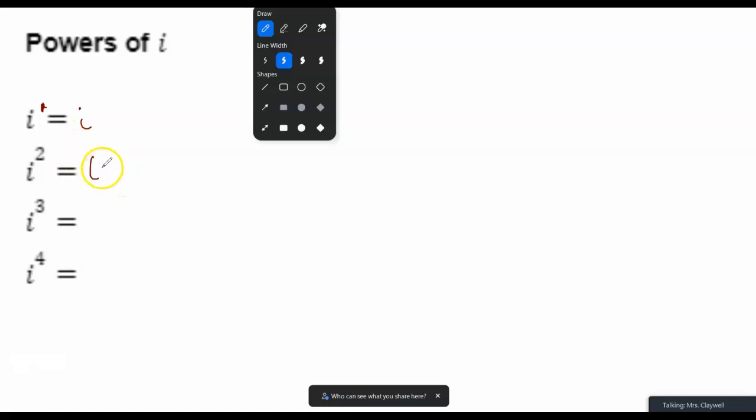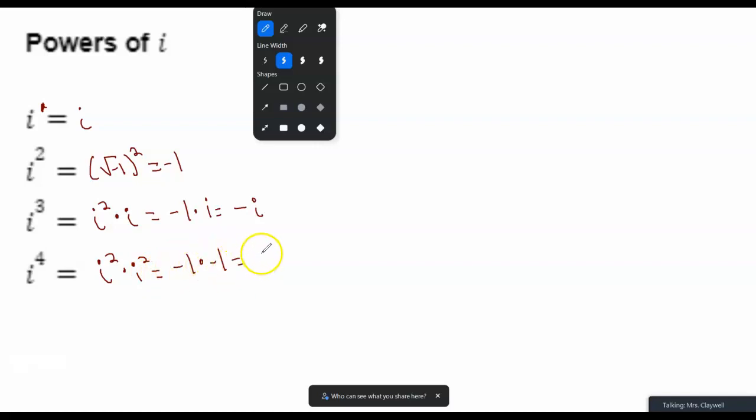I squared, we talked about, becomes square root of negative 1 squared, so that becomes a negative 1. i to the third is the same as i squared times i, so negative 1 times i, or just negative i. i to the fourth becomes i squared times i squared, so negative 1 times negative 1 equals a positive 1.